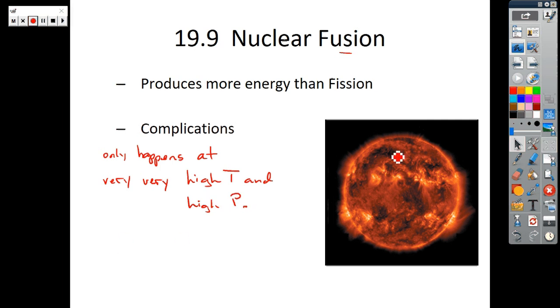And so that's what's happening in the sun. The sun has so much gravity that it can cram those hydrogen atoms really close together so that they're all at really super high pressure. And because this is releasing a whole lot of energy, you've got a high temperature.